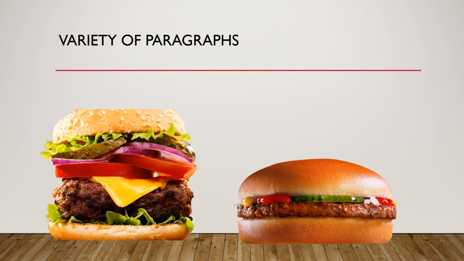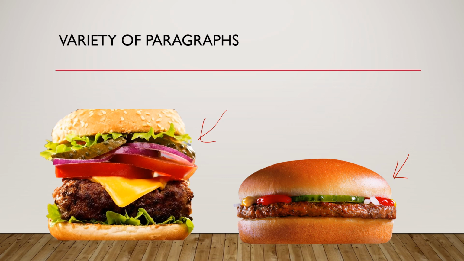It's also important to think about the fact that paragraphs come in varieties. Some are going to be longer and some are going to be shorter. The one we just saw was more like this one. It just had a couple of sentences that were opinions that supported and explained this idea. You may have paragraphs that are significantly longer, like this one, that include the quotes and explanations and maybe an example or two.